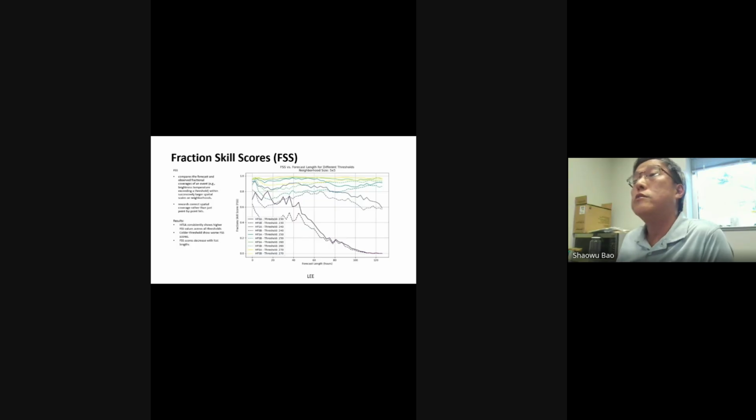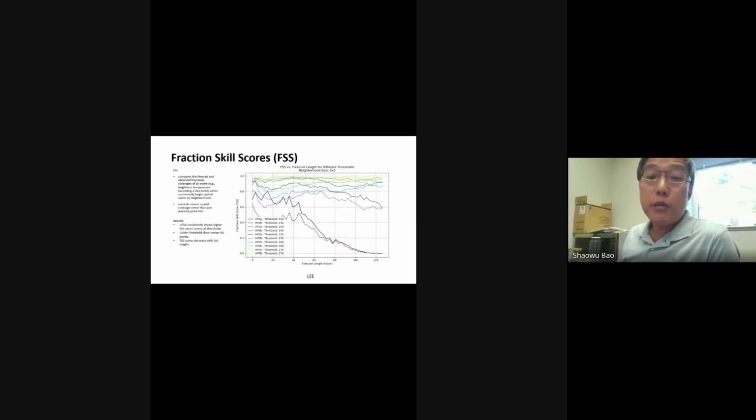For example, in this analysis, we look at the brightness temperature greater than a threshold. So in this neighborhood, we look at the brightness temperatures that exceed a certain threshold.